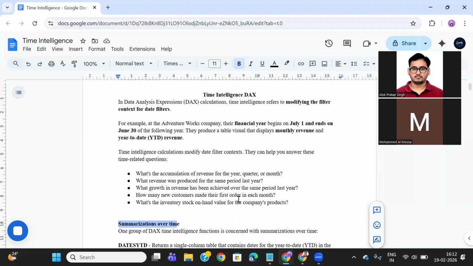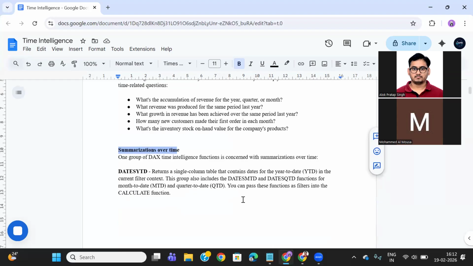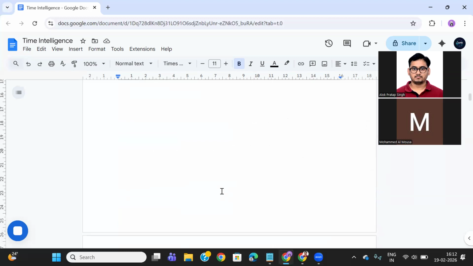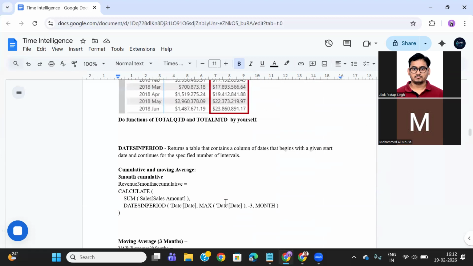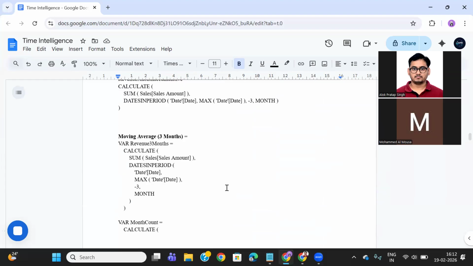We have such functions for that. So this is called summarization basically.